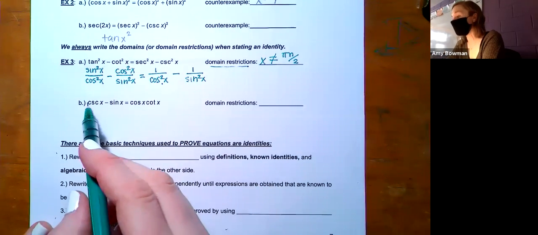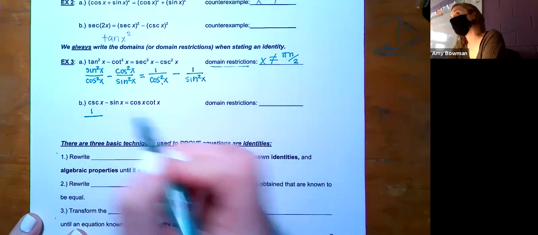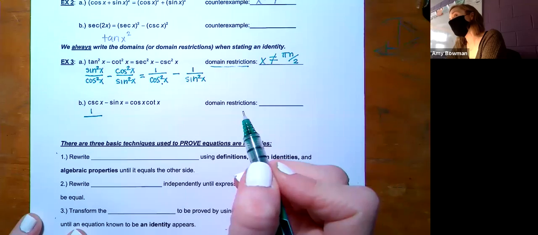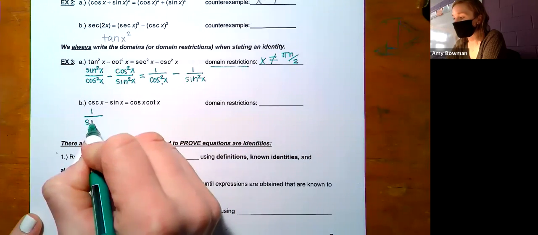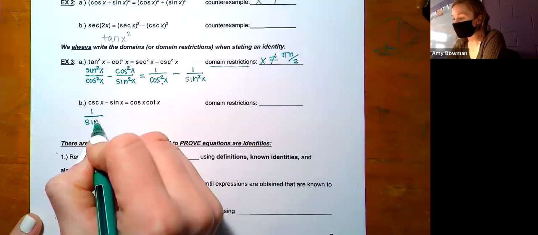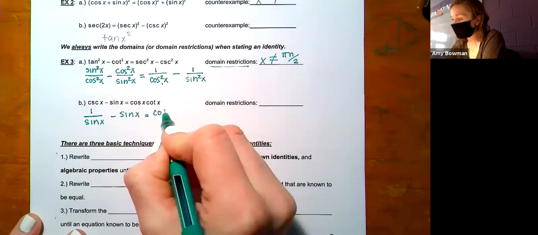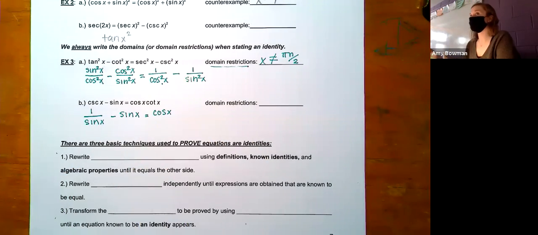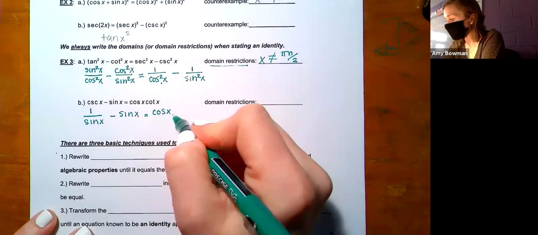So cosecant of x, how could I rewrite that? One over sine of x minus sine of x equals cosine of x. So I'm leaving the cosines and sines. I'm rewriting everything else. How would I rewrite cotangent?